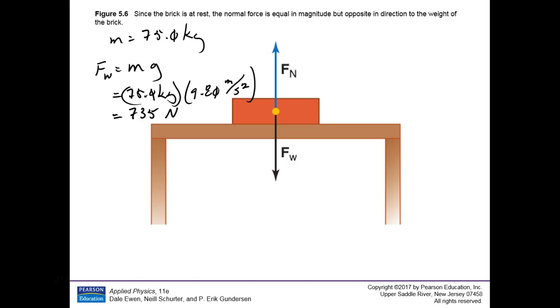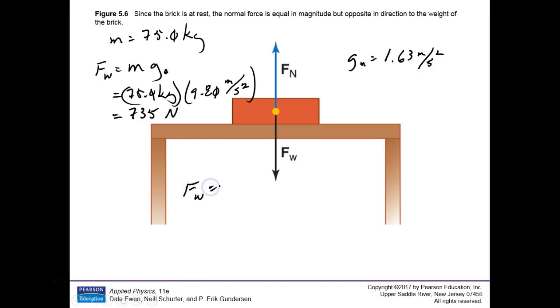Find the weight of a 75.0 kilogram astronaut on the moon, where G on the moon, see this is G on Earth, I'll put E for Earth, where G on the moon is 1.63 meters per second squared. Quite a bit less than it is on Earth. So what's the astronaut's weight?